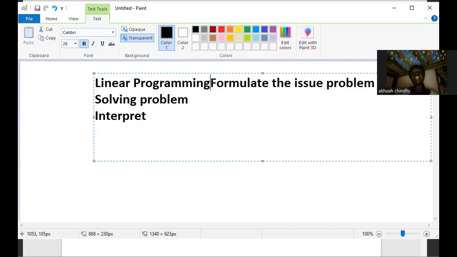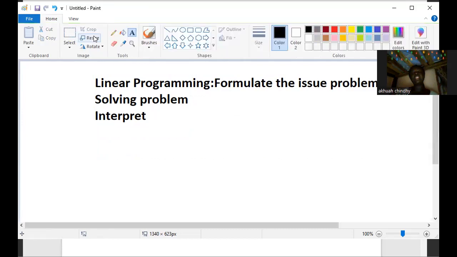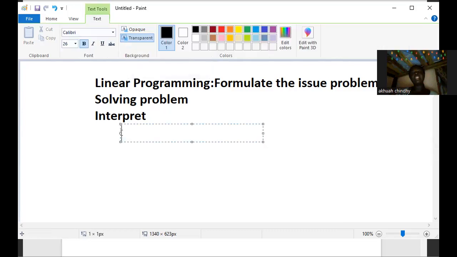All right, so the first thing that we should note is when you're given a statement that's a linear problem, and you want to translate it into mathematical form, there are 4 things that you should look out for because you are using linear programming. So now we are on formulating the issue or the problem, translating it to mathematical form.